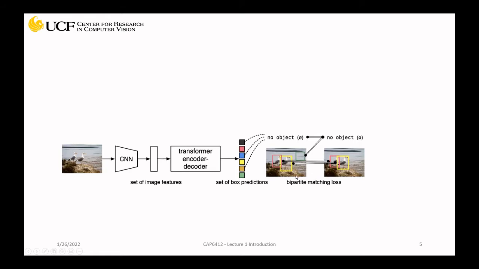And so this will be called a bipartite graph. One partition is the detections from the network, and the second partition is from the ground truth. So we are going to find out that the detector gave us an object here, and another object here, and another object here.